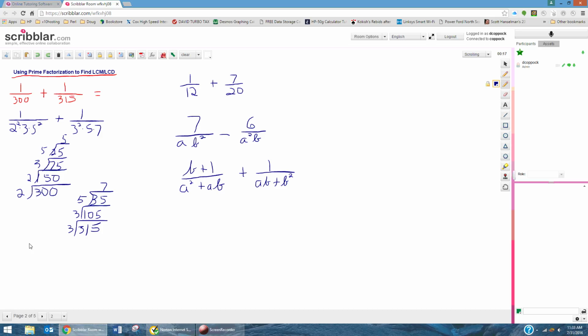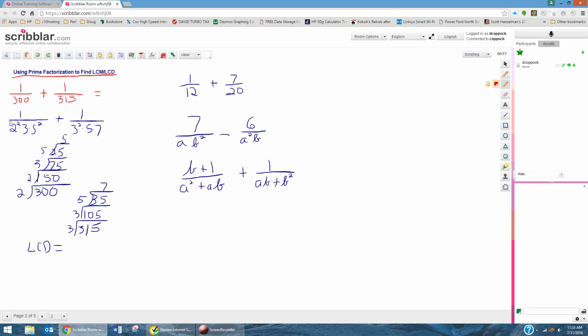Okay. Now what is the LCD? And here's what we mean by the union of factors. Let me go to red again. Just start looking at each prime factorization, and you need to have every prime factor appear in the LCD.